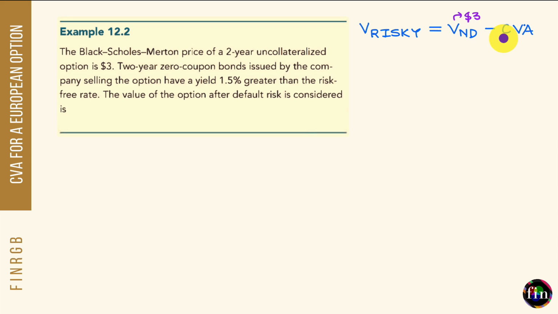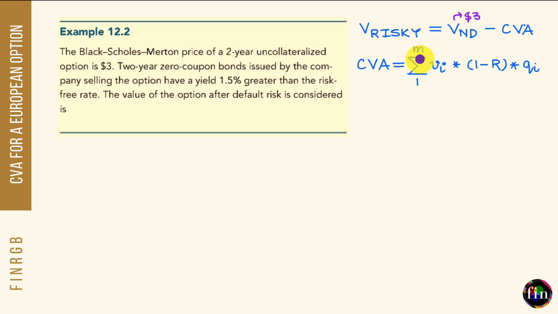Now, coming on to this adjustment, which is CVA, I need to interpret this adjustment to be the present value of the expected cost that I will incur if my counterparty were to default. To calculate CVA, I need to break down this 2-year period, which is the life of my option, into a number of thin time slices.